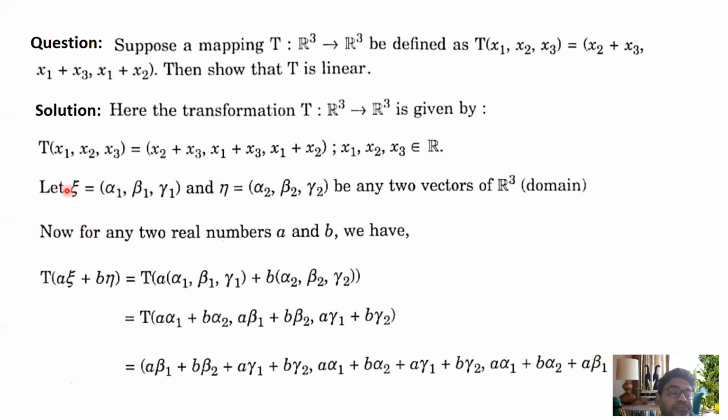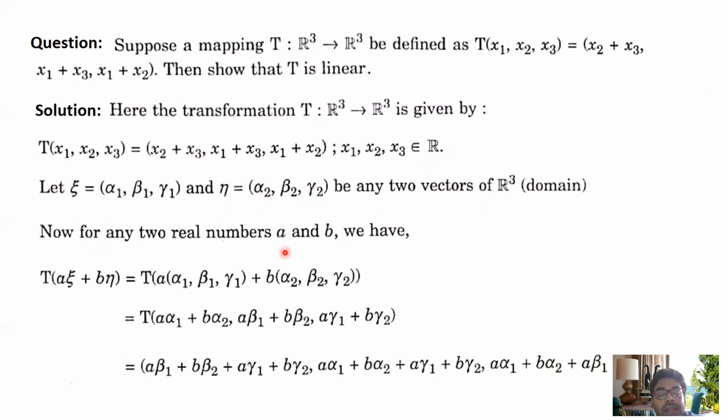Now let eta, you may consider alpha also, no problem, but here let eta be (alpha 1, beta 1, gamma 1) and zeta be (alpha 2, beta 2, gamma 2). You may consider any other notation. Let them be any two vectors of R cube from the domain.